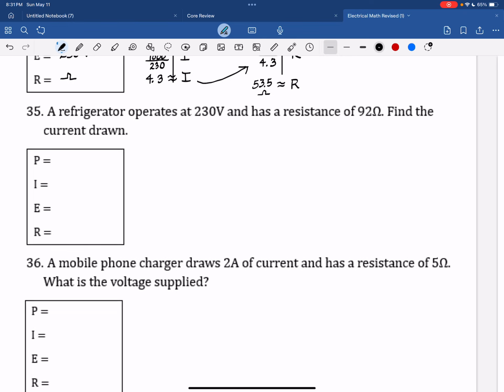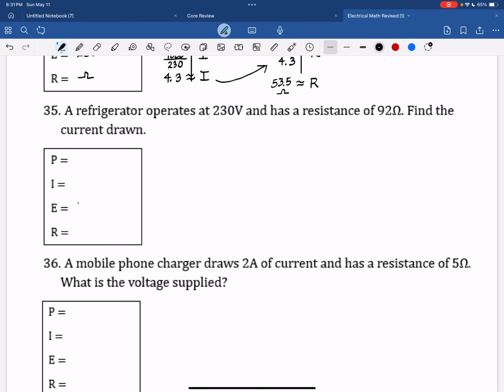A refrigerator operates at 230 volts and has a resistance of 92 ohms. Of all times for me not to have a calculator. Find the current drawn. So we want to know I. So this time I only need one formula.